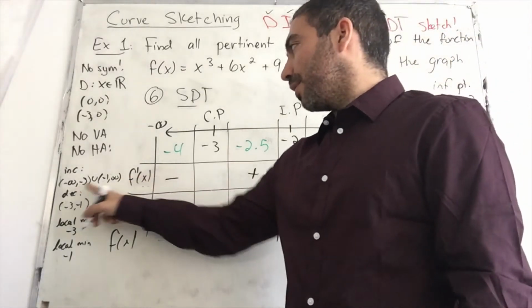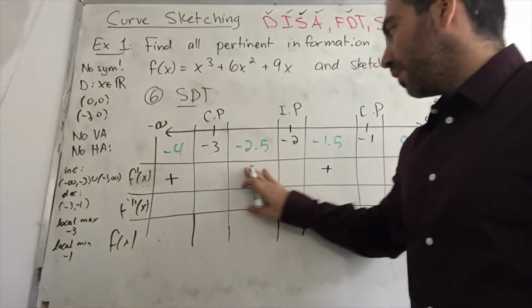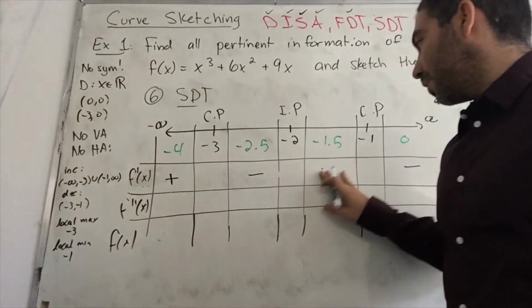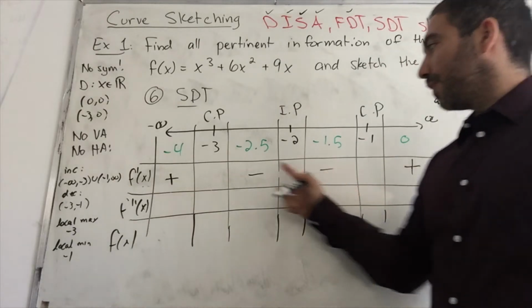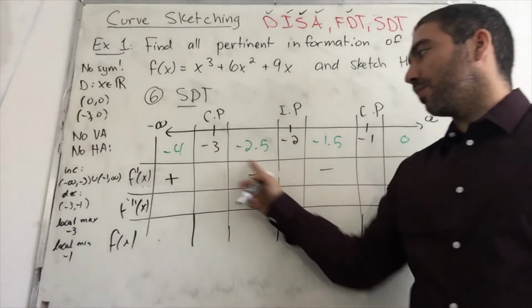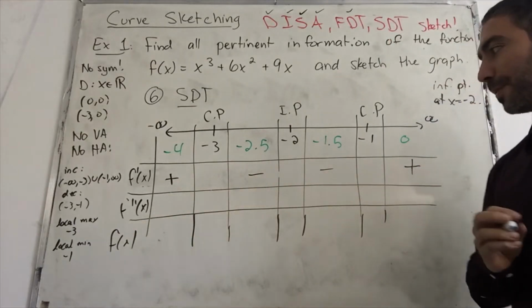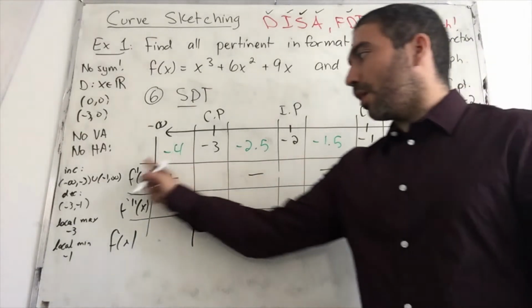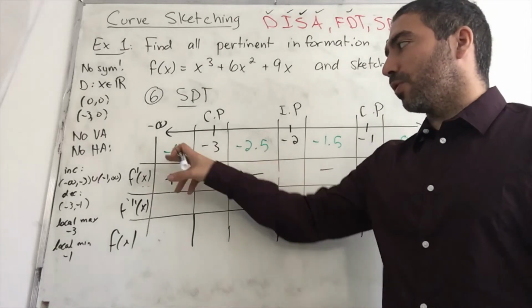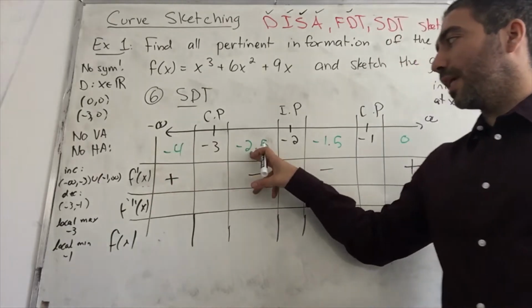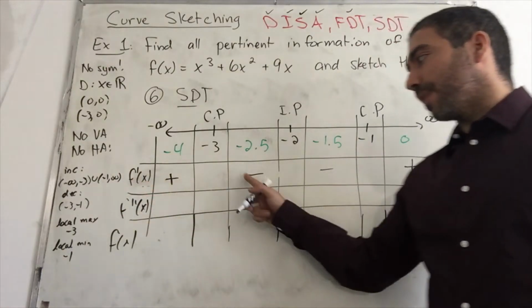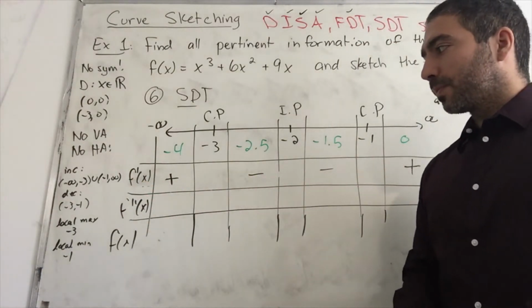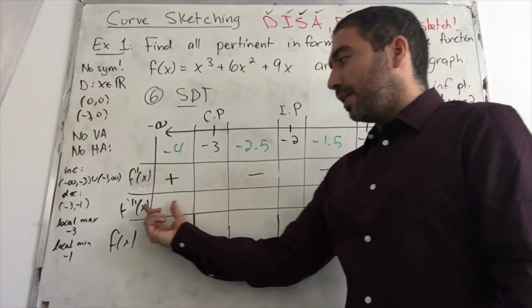Sorry, this is positive, negative, negative, and this was positive. Yeah, it was decreasing on the interval from -3 to -1, increasing. Okay, perfect. So this was done on the previous step, but I would do it now. So if I were you, I would plug in -4, -2.5, -1.5, and 0 into the first derivative to get these values. Okay. Next, let's plug in the second derivative test.